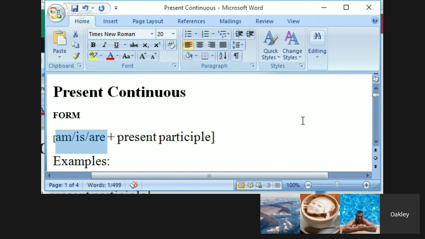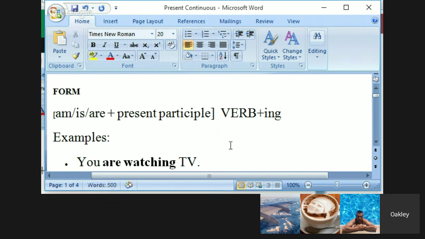And then the present participle of the verb. The present participle of the verb is the base verb plus ing. Okay, so there it is.